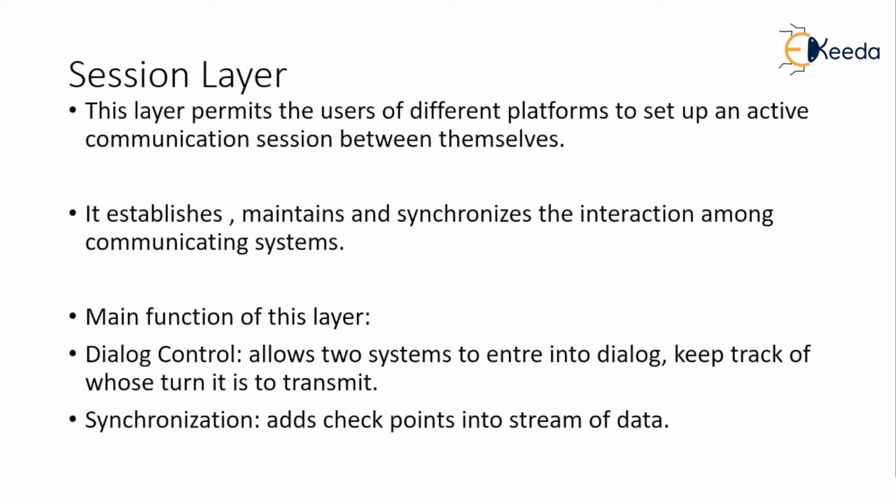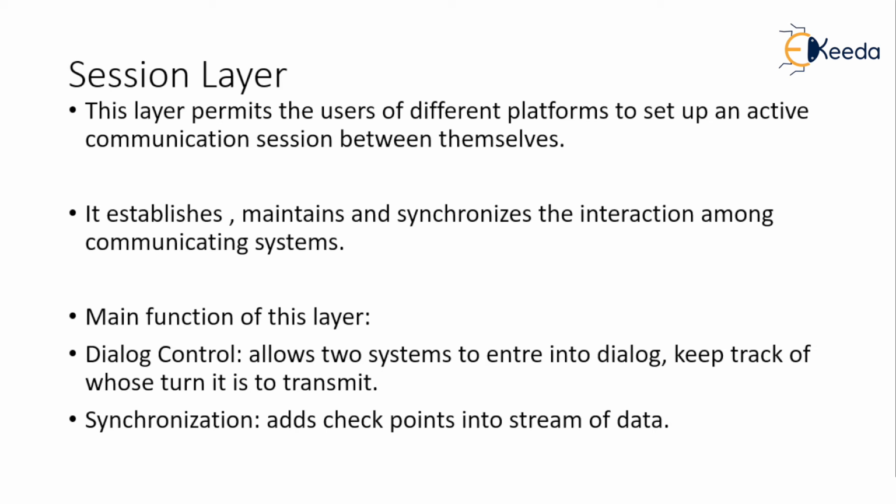The session layer. Session layer permits the users of different platforms to set up an active communication session between themselves. That means it maintains, it synchronizes, it establishes the interaction among the two different communicating parties who want to transfer their data over the network. And the main function of this layer is dialog control and synchronization.